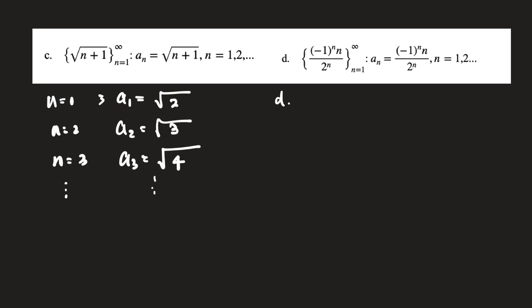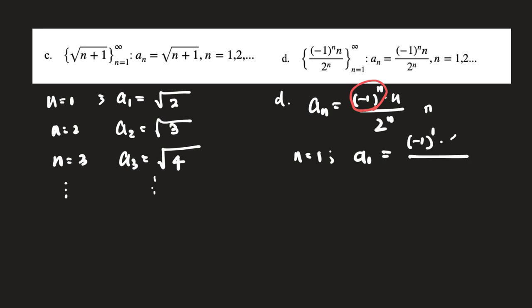Next example is a_n equals negative 1 to the n times n over 2 to the n. This one might show the alternating sign, guys. Let's see how they show each term. So n equals 1, the stop point, a1, negative 1 to the 1 times 1 over 2, so negative 1 times 1 is negative 1 over 2.